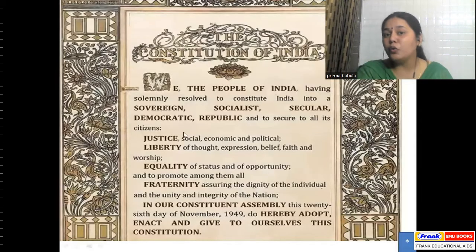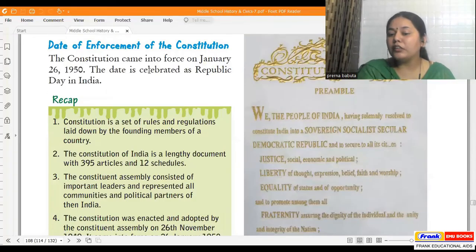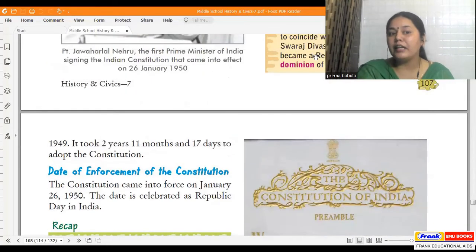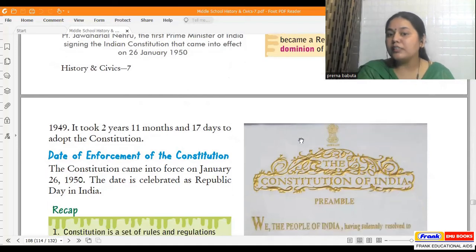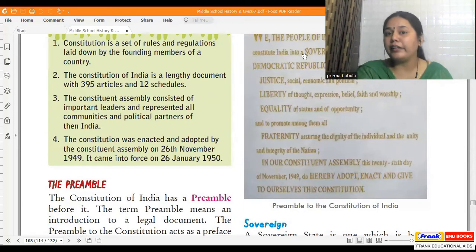So basically, if you look at this preamble, it talks about India being a sovereign, socialist, secular, democratic, and republic state. Correct? Like I told you, it was adopted on 26th November 1949, which is also mentioned in the preamble. Correct?